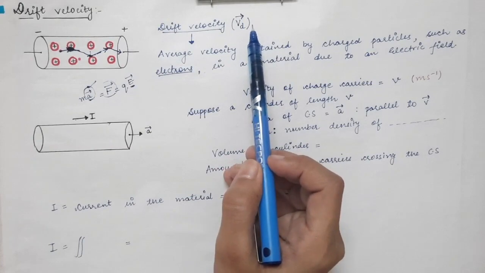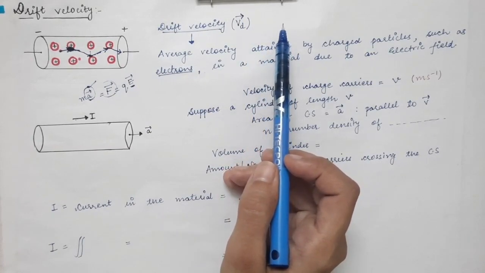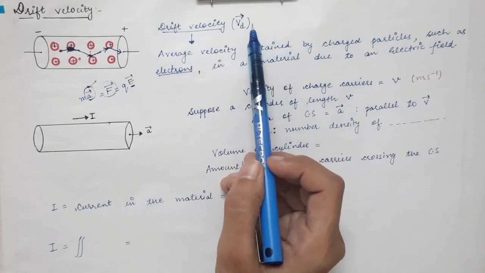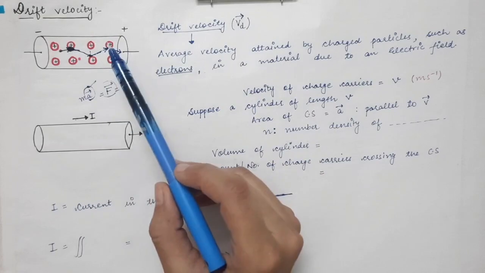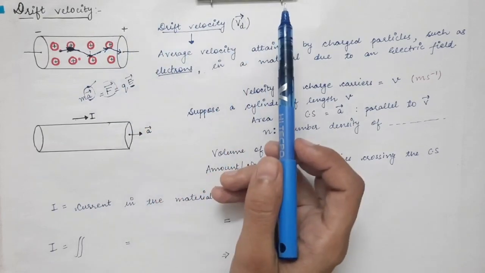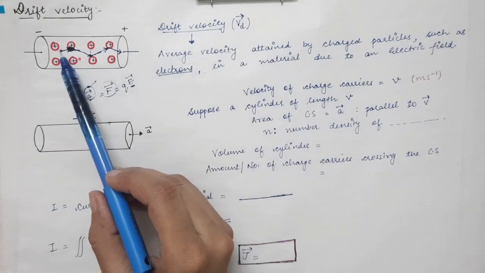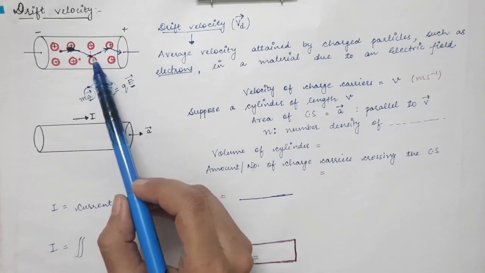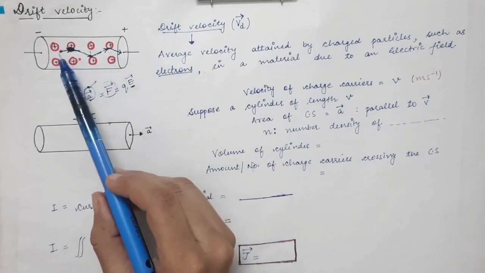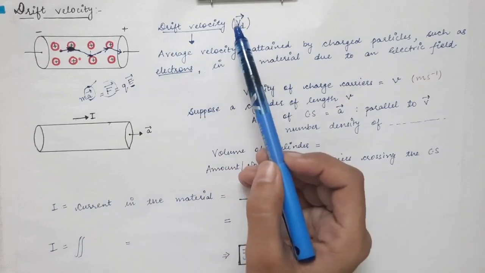So why do we assign a particular number, and what is that number that we say the drift velocity of electrons in a certain material is this much? If the velocity of the electron is increasing, then going to zero, then again increasing, it means the velocity is not constant. So how do we define drift velocity?